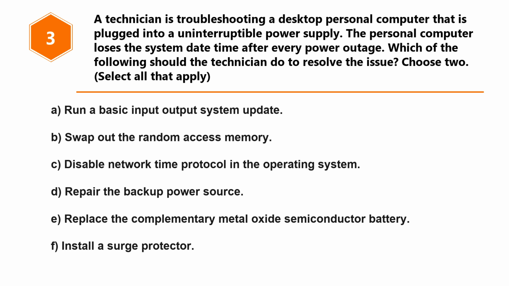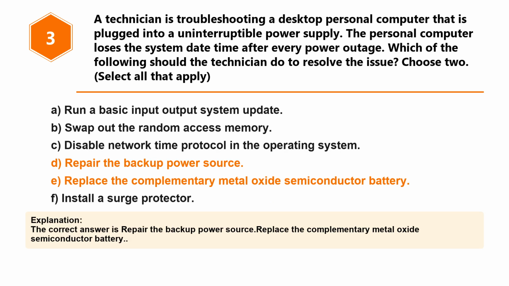Option D, repair the backup power source. Option E, replace the complementary metal oxide semiconductor battery. Option F, install a surge protector. The correct answers are options D and E. Repair the backup power source. Replace the complementary metal oxide semiconductor battery.